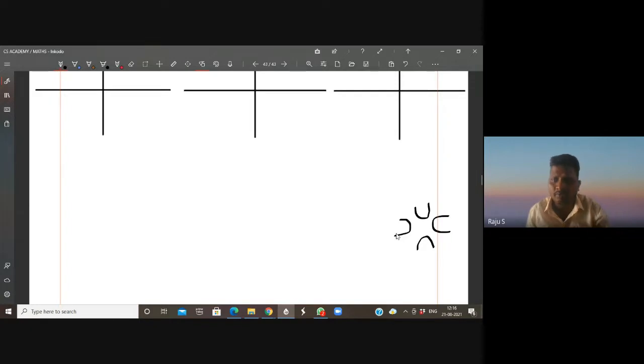These are the four types of parabola we are going to discuss. If it opens upwards, it is x square is equal to 4ay. Open rightwards and leftwards is y square.